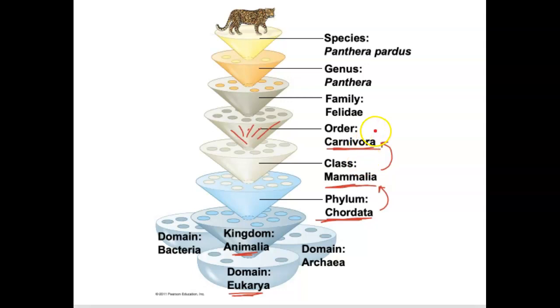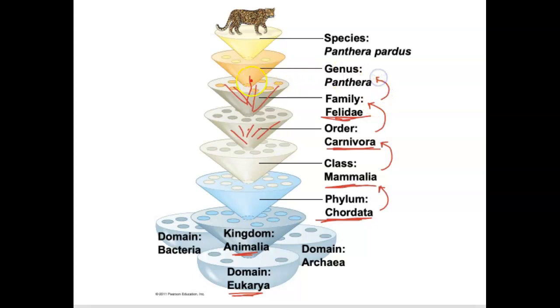If you are order Carnivora, you could then move to family Felidae. Right there, or right there, or right there, or right there. One of the many different families within the order Carnivora. So there's Felidae. If you chose to go to Felidae, then you could move to genus.